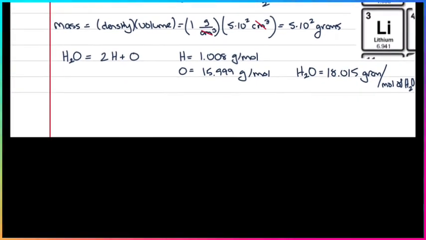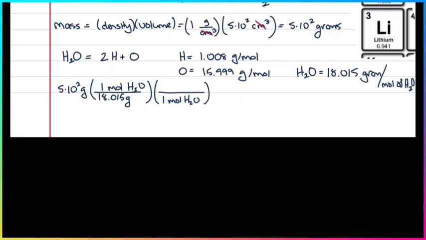That then gives us the next conversion factor. So then if I have 5 times 10 to the 2 grams, and I use this now as my conversion factor, 18.015 grams of H2O is the same thing as 1 mole of H2O. And why not let's just do the rest of the problem all at once. I know that 1 mole of H2O is Avogadro's number of molecules, so 6.023 times 10 to the 23.